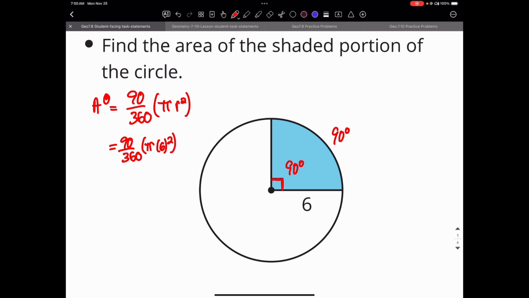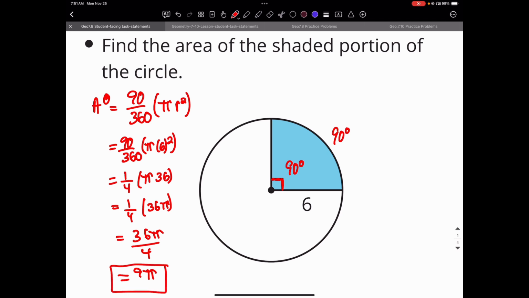Now, 90 over 360, you may have guessed it at this point, would reduce to 1 over 4 times pi, and then 6 squared is 36. So let me just rewrite that as 1/4 times 36 pi, and that would be 36 pi over 4, which would end up being 9 pi, right?